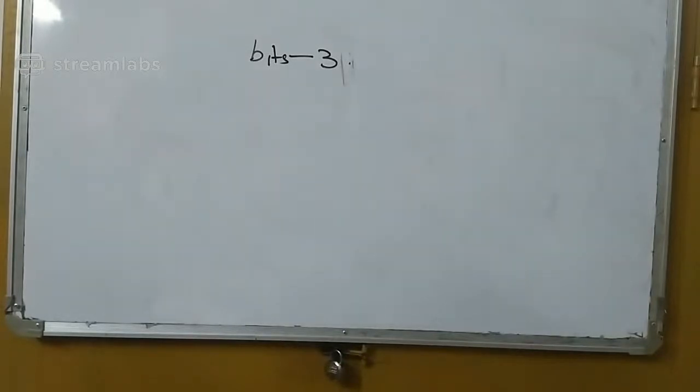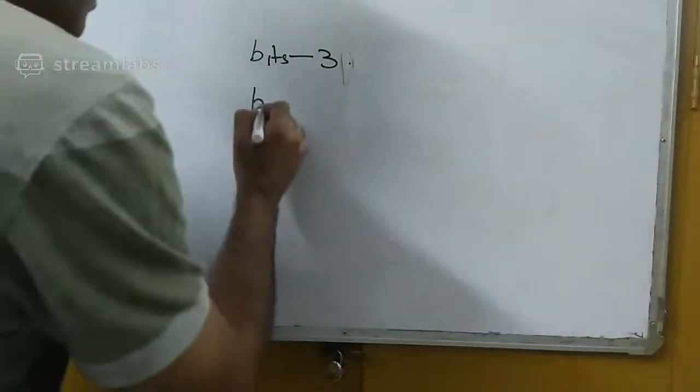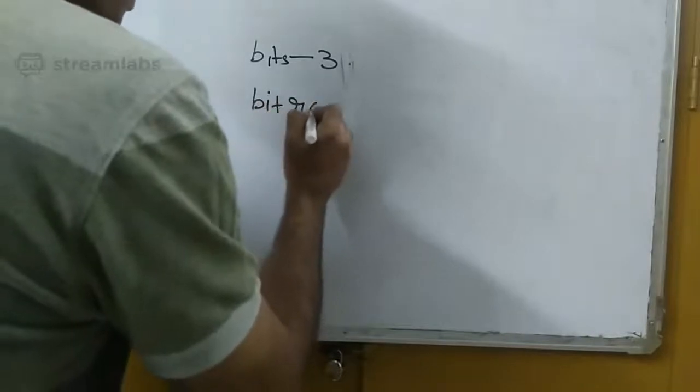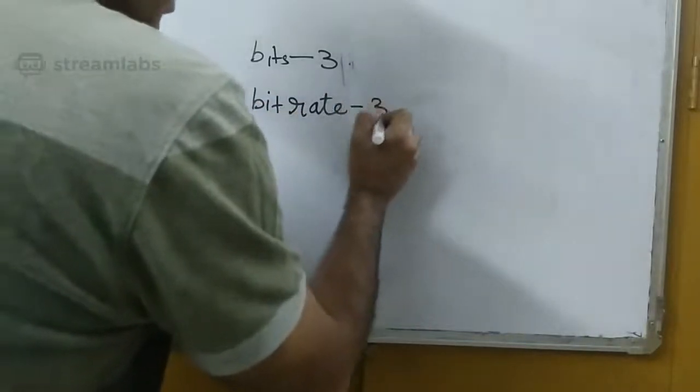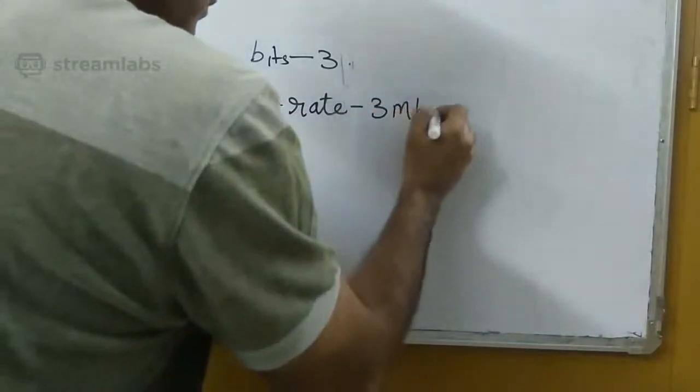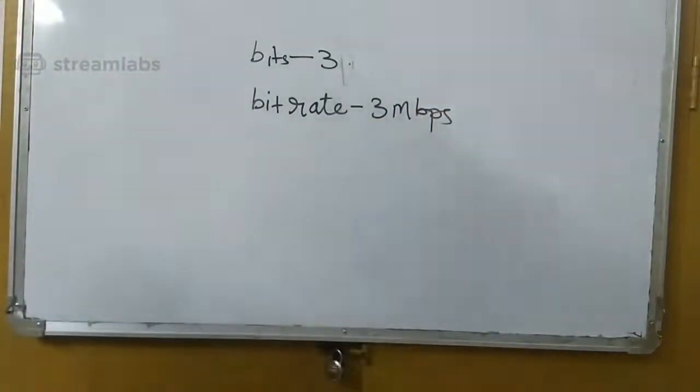That means we are talking of sending 3 bits per signal element, and the bit rate is 3 Mbps. I hope it is clear.